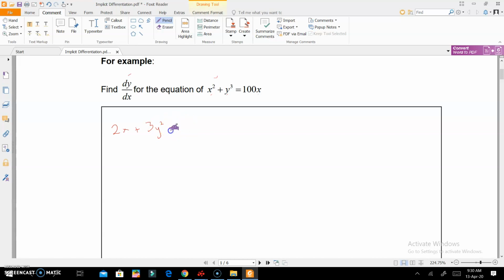And if we differentiate 100x, we are going to get 100. But here, since we are dealing with implicit differentiation, you need to do something on the part of y.